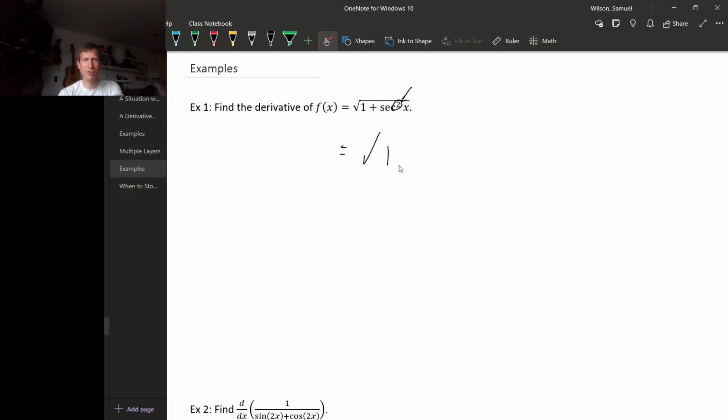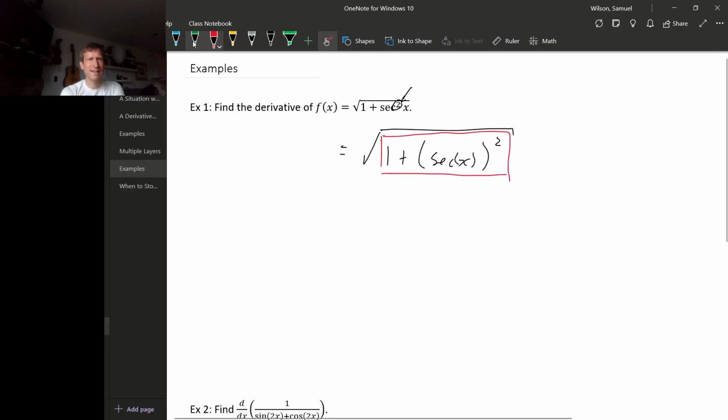So this is the square root of 1 plus secant x squared. Right? This makes it a little more clear why we have multiple layers of function composition. There's the square root on the outside, and then inside of that we have an expression with an exponent, and inside of the exponent is yet another function.